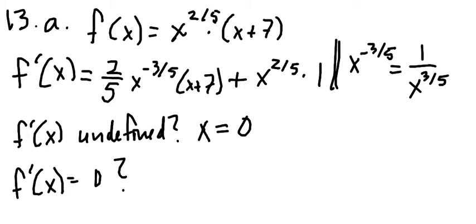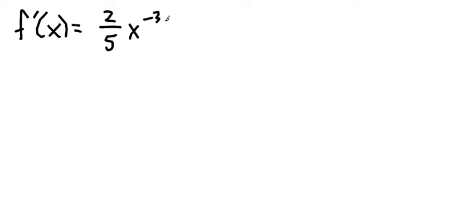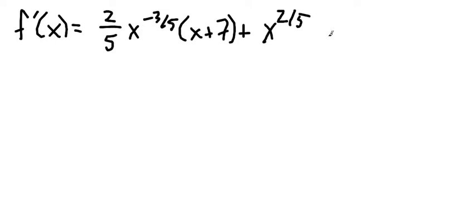So let me delete this, and I'll rewrite what f prime of x was equal to. f prime of x was equal to 2/5 x to the minus 3/5 times x plus 7 plus x to the 2/5 times 1, so that's just x to the 2/5. And I'm setting this equal to 0, and I'm trying to solve it. How can I solve this?